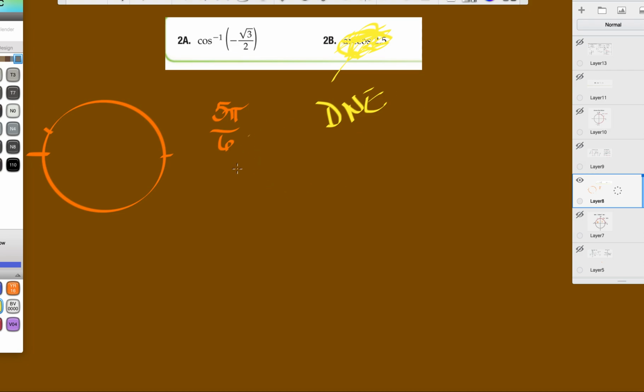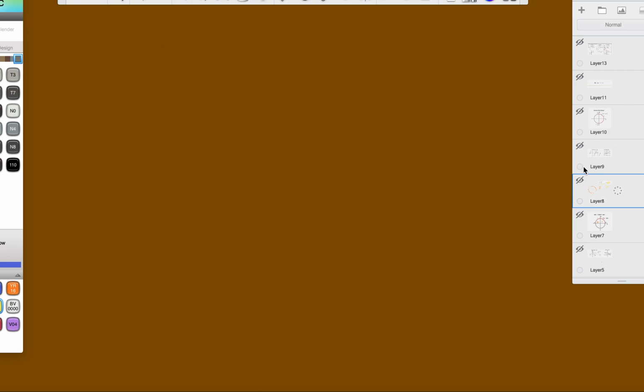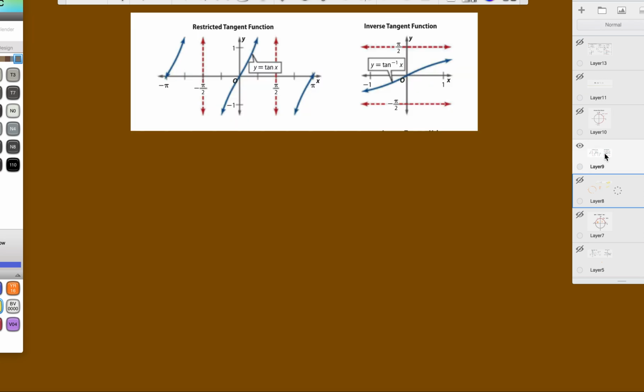So I hope you understand this is the very beginnings of inverse functions. It's not tremendously difficult. It just gets to be a little bit of repetition if you understand where these restricted functions are, okay? You'll notice that the y's, and you remember that the y's in a tangent function, the range is infinite.